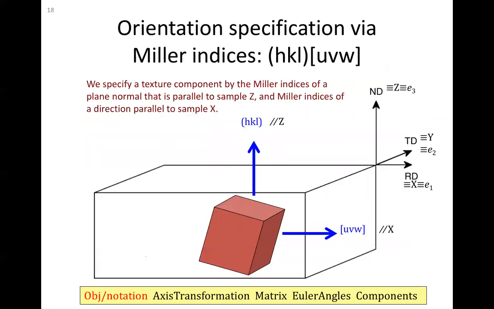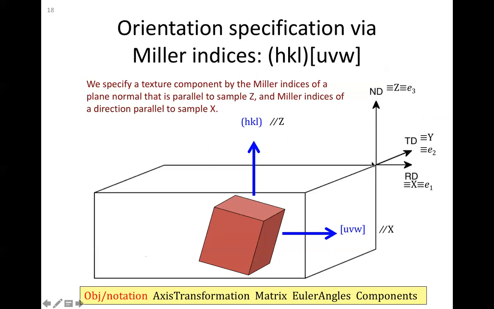We looked at two different versions in class. We talked about the Miller indices, or the HKL-UVW, right? So we specify the plane normal that is parallel to Z, and the crystal direction that's parallel to X. X we call, by definition, the rolling direction. Z is the normal direction, and Y is the transverse direction.